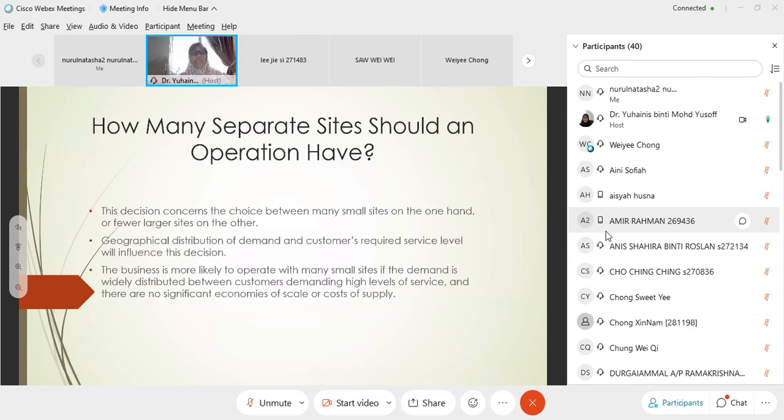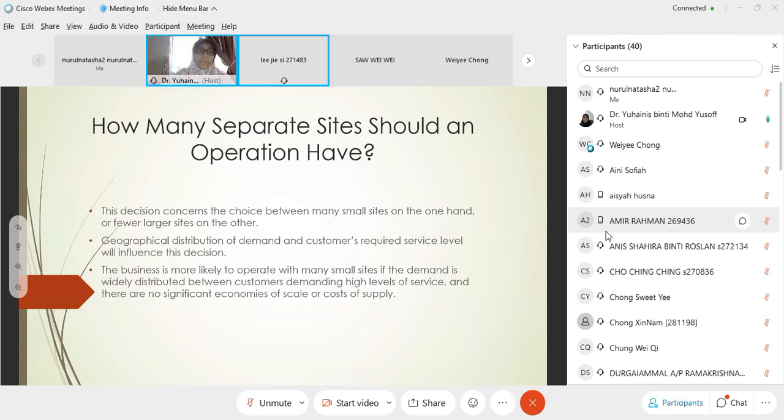Why is it IKEA opens a new outlet dekat Penang, not Kedah? Why? Kedah's land is mostly for plantation. Okay, good. And then what else?